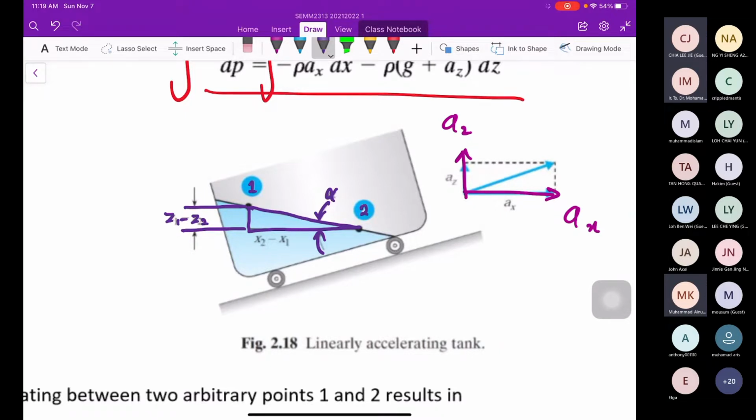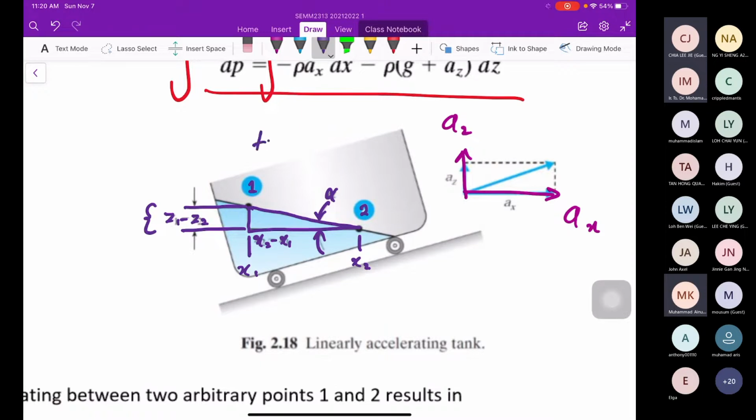Definitely 1 minus 2 to get this distance, right? To get this distance from here to here, definitely X2 minus X1. This is X1, this is X2.